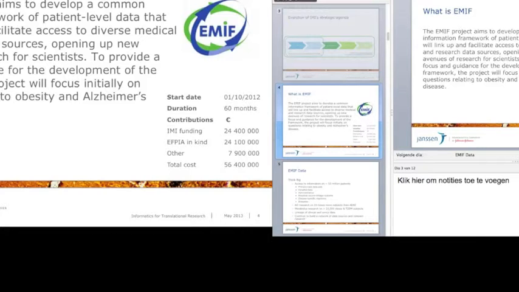Now, these are obviously historical data. Where ADNI prospectively measures patients, so it's a longitudinal study, they follow patients, and they have specific measurement protocols in place that are the same over all the centers. In EMIF, we won't have that. So there will be, can you go to the next slide?